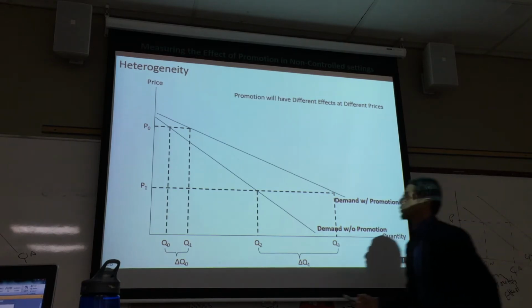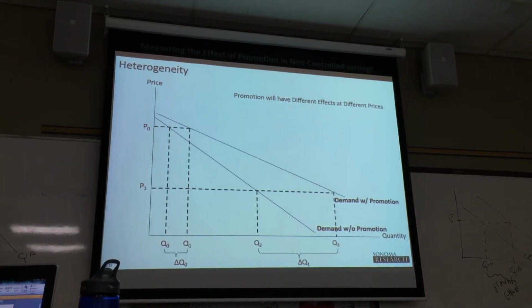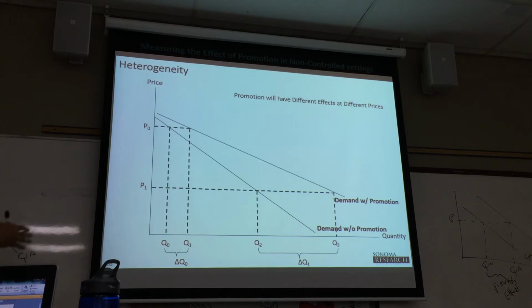And think about why promotion wouldn't have a very big effect at the price of P0. What is the price of P0 in this picture? Higher. It's high. So if you promote, you're almost saying, look, I'm not on sale. And people that buy things regularly know when something's a good deal and when something's a bad deal.